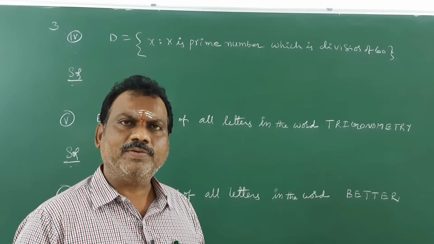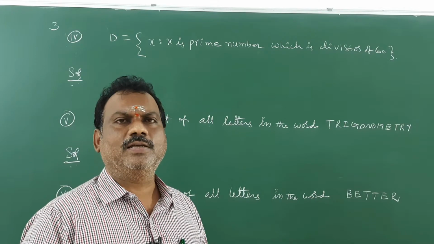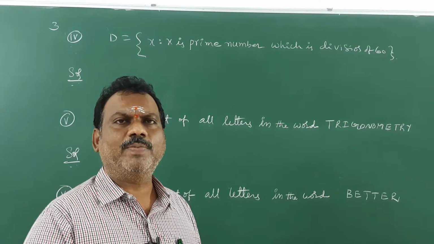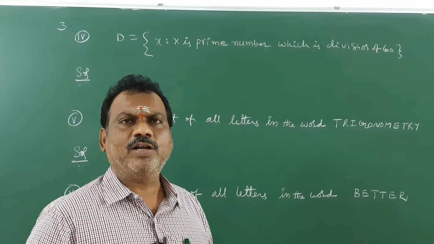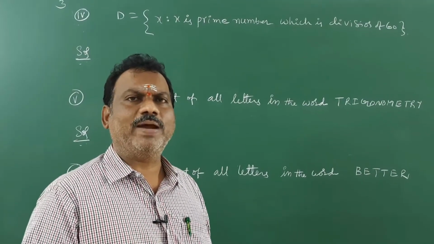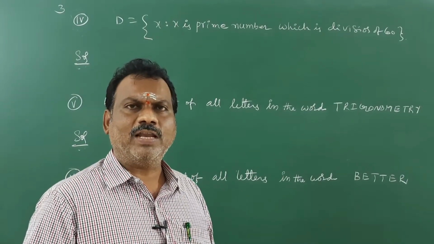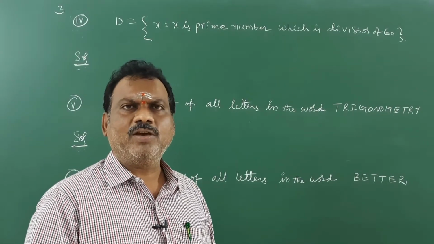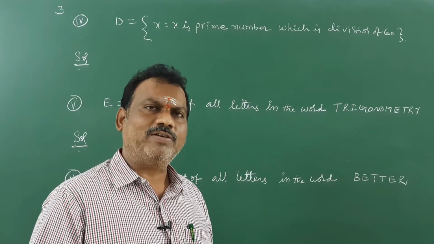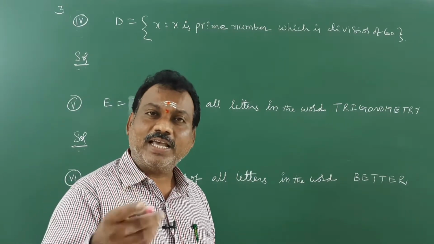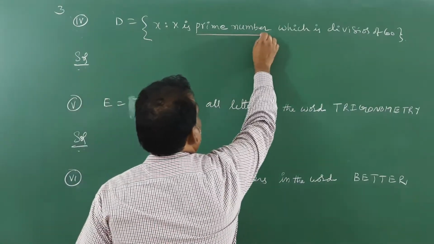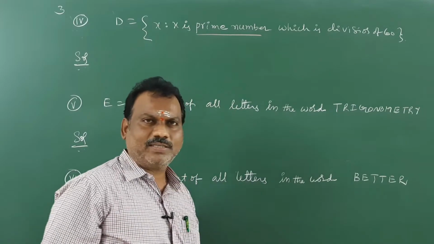You can divide by 1, 2, 3, 4, 5, 6, 10, 12, 15, 30, 60, and 20. But they are asking one more condition: prime numbers as well as divisors.